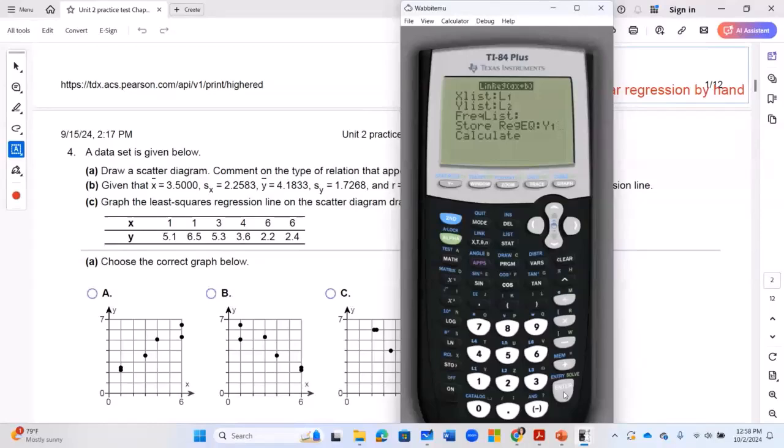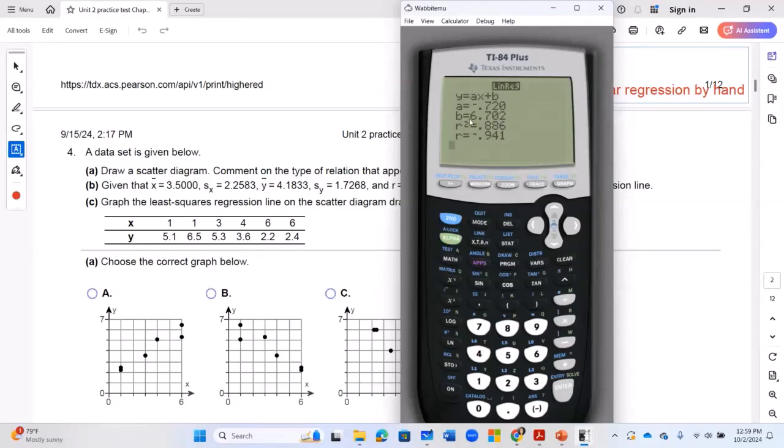Remember the things I've already told my calculator. I told my calculator that my equation should be to 3 decimal places. I also told my calculator to calculate the coefficient of correlation and coefficient of determination. Then I'll calculate. So if I hit calculate, then it gives me everything that I want. First of all, it gave me an equation in slope-intercept form where the slope is negative 0.7.